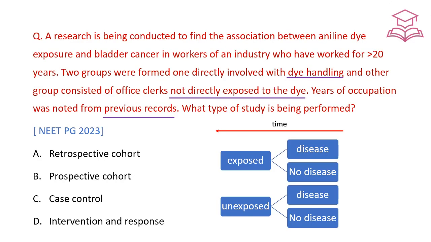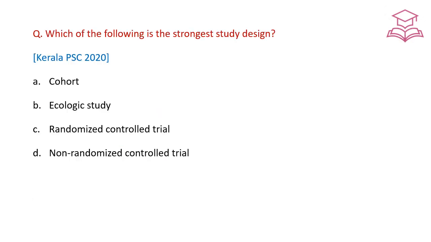Coming back to our question, we have the exposed and unexposed and the details of the exposure are obtained from the previous records. So the study design is retrospective cohort.